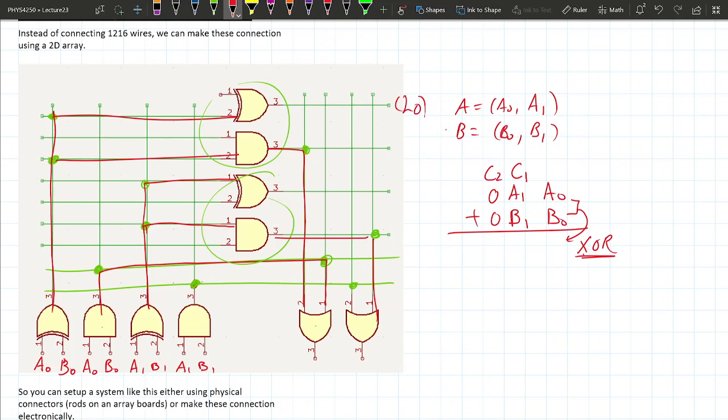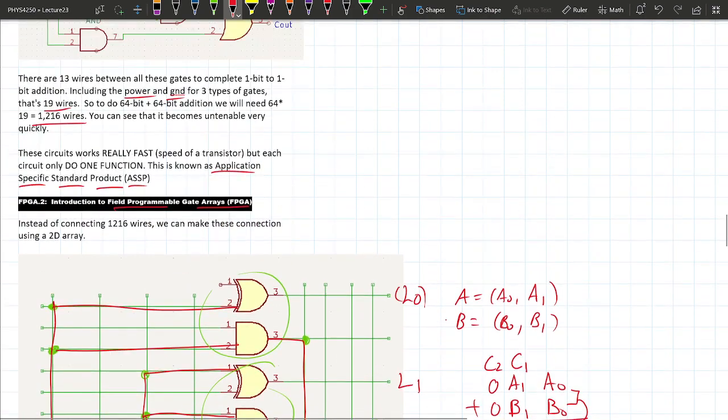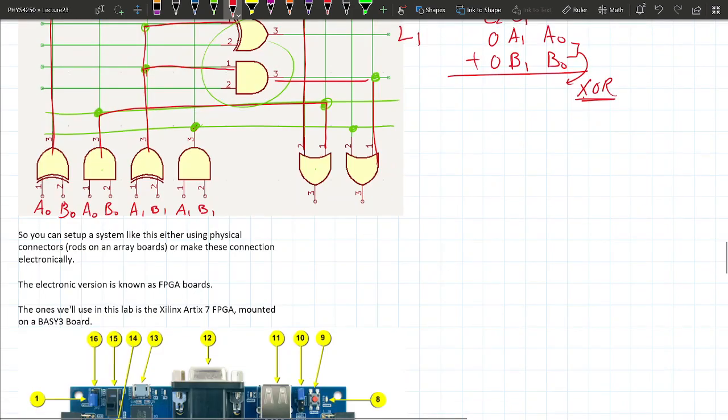Similarly, this will be L1. And then I think there's going to be the carry out from over here, which will go to L2. Sorry, I think this is L. This one, yeah, this one is L2, and this is the carry out 2.